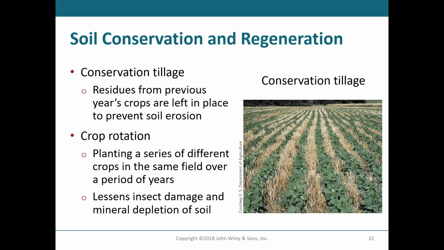So crop rotation would be planting a series of different crops in the same field over a period of years. So let's say you have 4 plots, right, in a square? So think of one big field and then you divide it into 4, right?